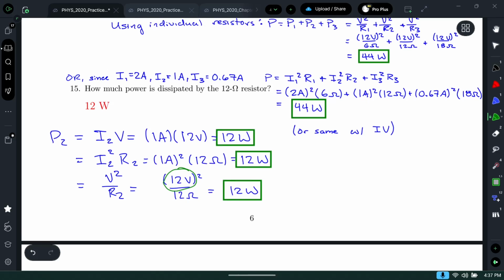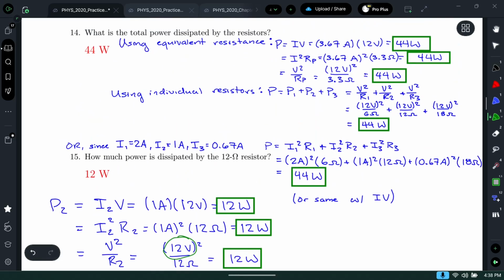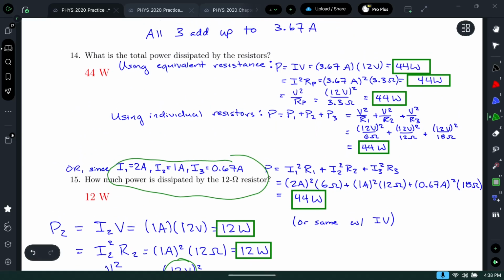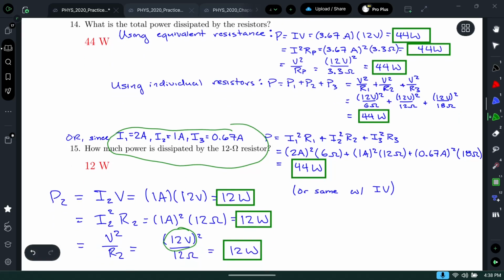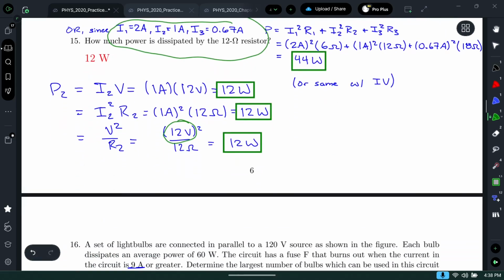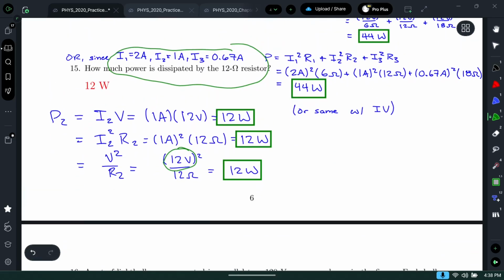It's going to take more work to find current in this case. This is where I would say current is 12 volts over each individual resistance, and then use that to do I squared R or IV or whatever else. So there's usually an easiest equation to use depending on the situation, but there's not a best. There's not one that will work and others don't. You just have to be careful about which current and which voltage.